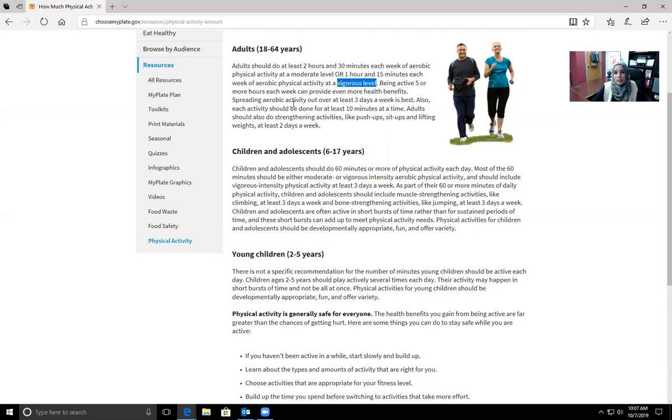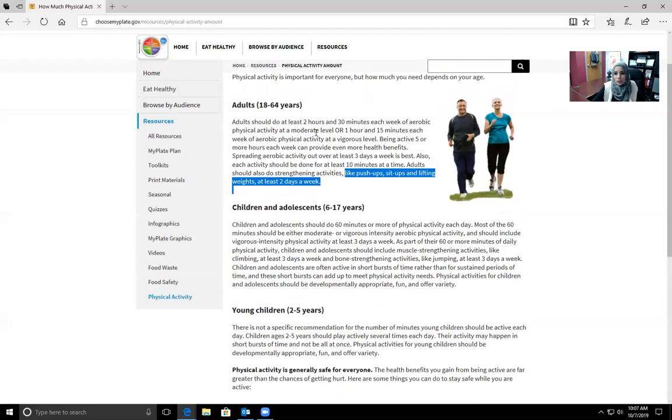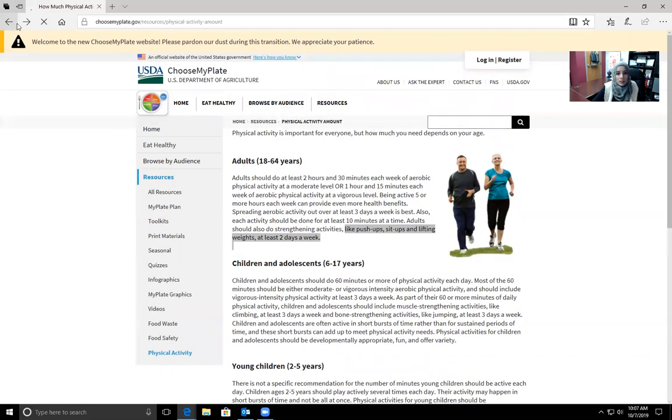We need to include muscle strengthening activities at least 2 times a week, things like push-ups, sit-ups, lifting weights. Those are the things that we need to include within your activity plan as well, right?